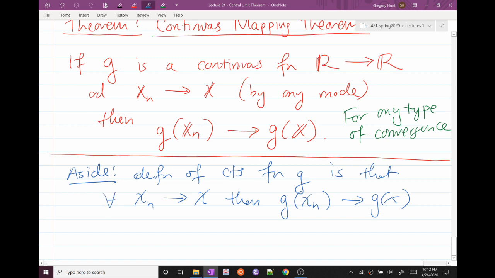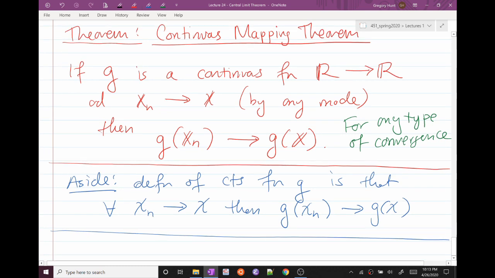So in an analysis class, the way you define continuity correctly is that a function g is continuous if it preserves limits of any convergent sequence. So if you pick a sequence, xn goes to x, g of xn must go to g of x. If it does that for any convergent sequence, then the function is continuous. And so in that light, it's not maybe too surprising that given our probabilistic definitions of convergence, it also preserves limits of continuous functions. Nonetheless, a super nice theorem.